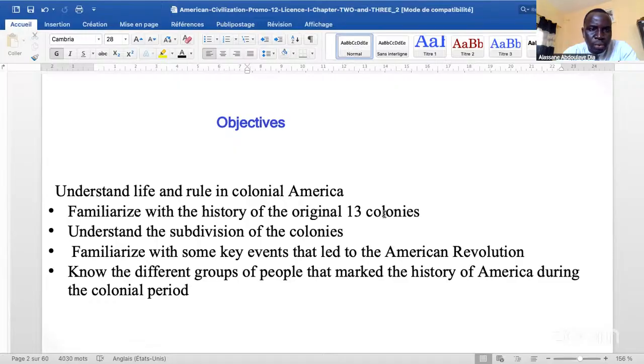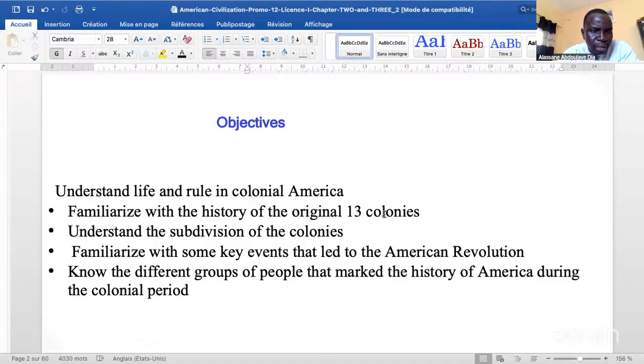This chapter also helps you understand the subdivision of the colonies. The colonies were divided into groups, and it is important for you to know the groups.